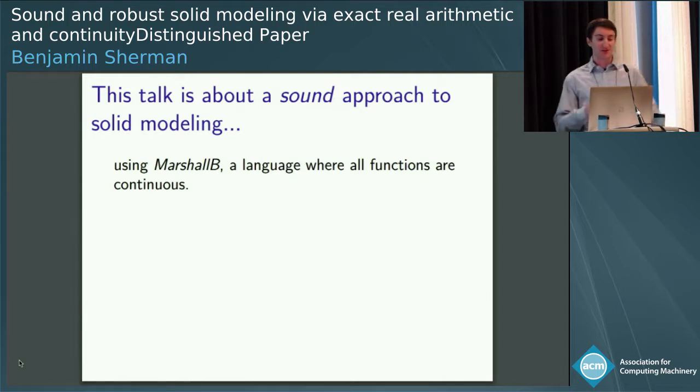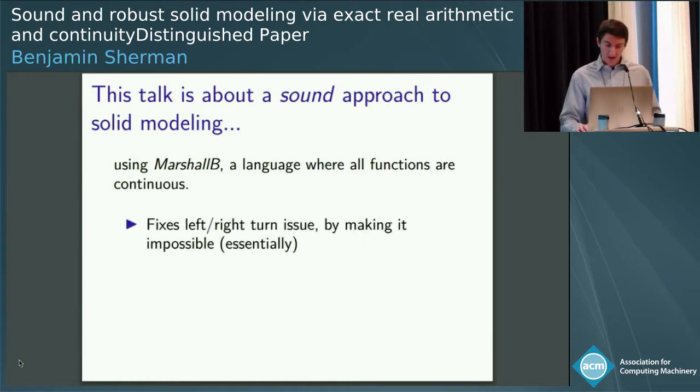So this is problematic, and this talk is really about a sound approach to solid modeling, where we restrict ourselves to only ways of programming that are sound. We're going to do that using Marshall B, which is our extension of an existing language called Marshall. It's a language where all functions are continuous. This fixes the left-right turn issue by making it impossible, one of our favorite PL techniques.